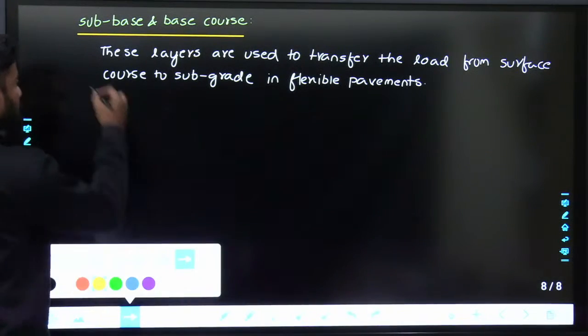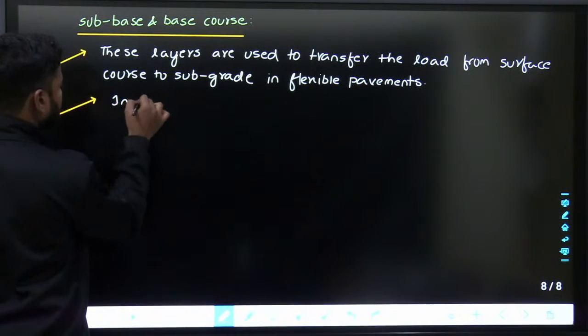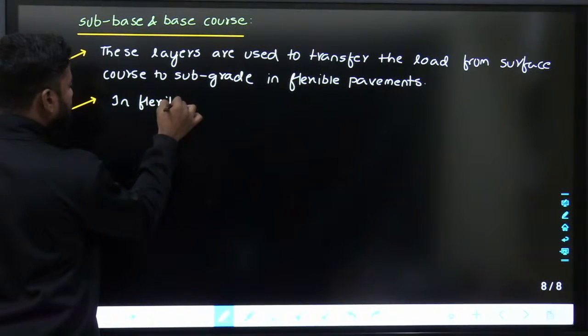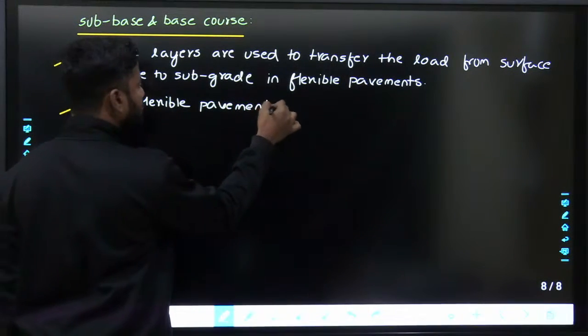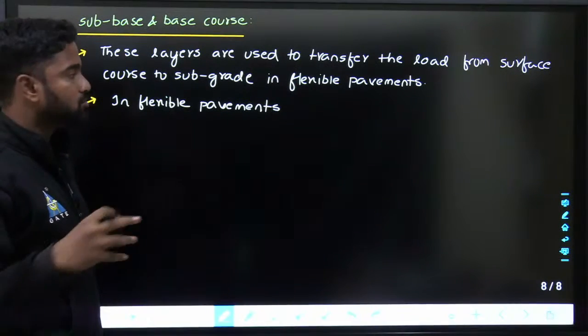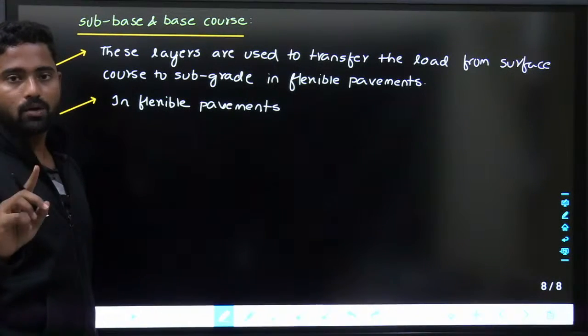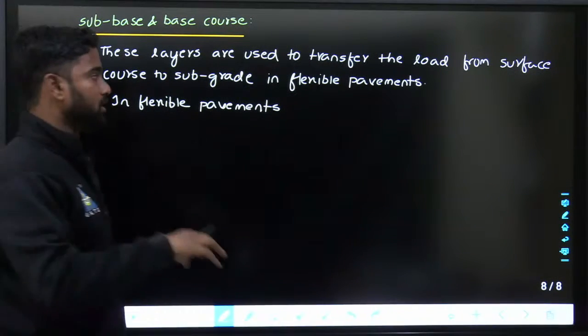Whereas in flexible pavements, in some of the questions you will be seeing this as sub-base course or base course. Don't get confused. There will be only one course. That course can be called as base course or sub-base course here. Okay.